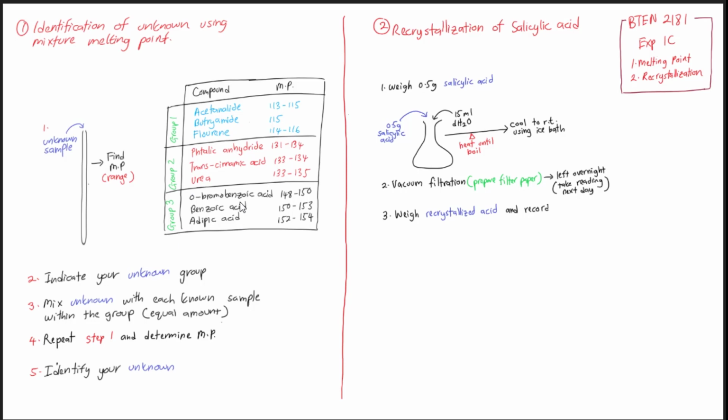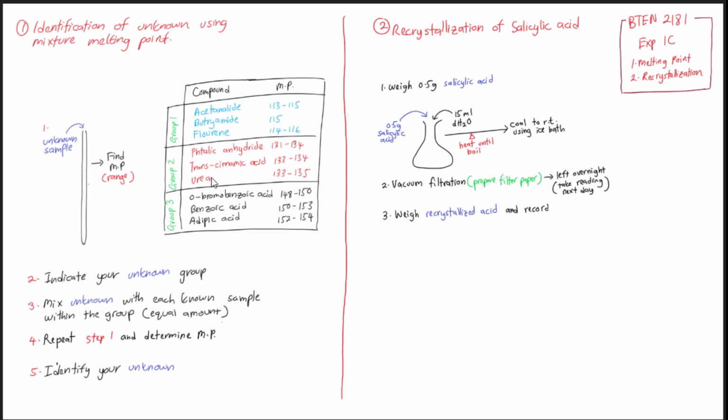Whenever you have an unknown, the first thing you want to do is see which group your unknown lies in, group 1, group 2, or group 3 for this experiment. The reason is that, let's say your unknown gives a melting point of 133 to 134, but you are still not sure whether it is cinnamic acid or not, because it's quite near phthalic acid and also urea.